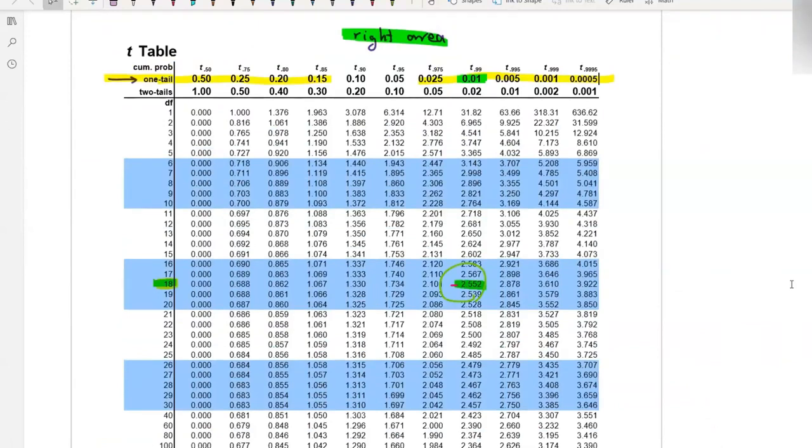Our sample size was 20, meaning the degree of freedom is 20 minus 1, which is 19, so it's this row here.